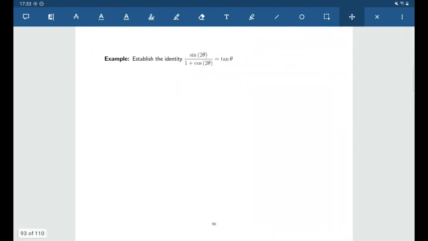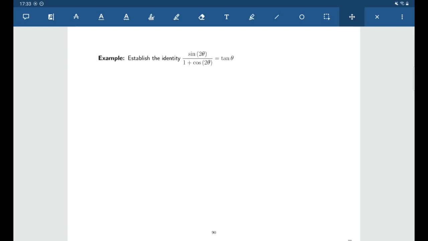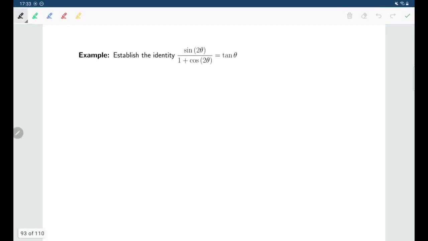We can also use these double angle identities to establish other identities. So for example, here we've got this identity that we'd like to establish, and I'm looking at the left side of the equation. It's got a couple of double angles in it, sine 2 theta and cosine 2 theta. So that at least gives me somewhere to start.